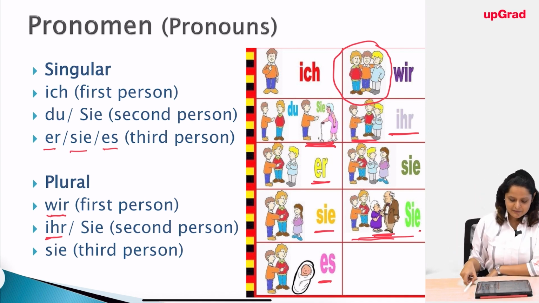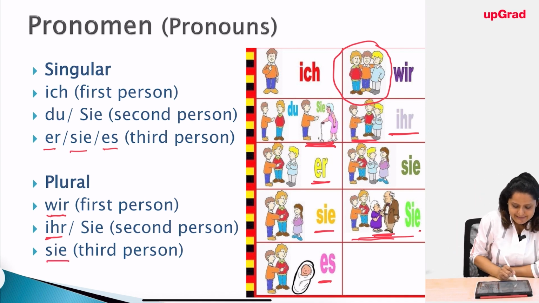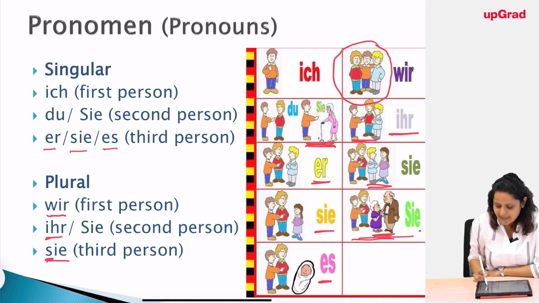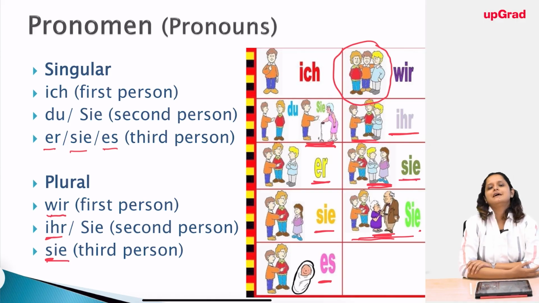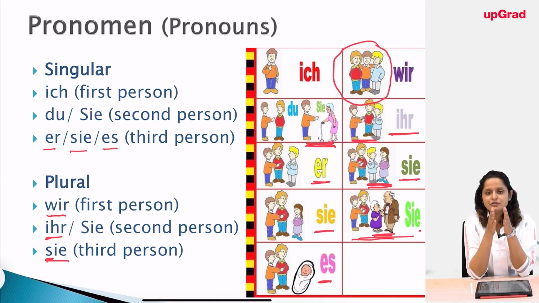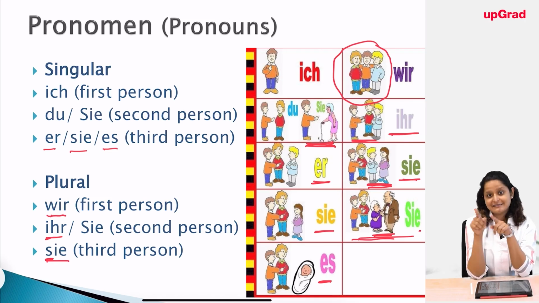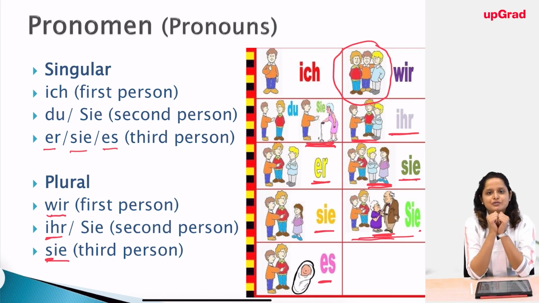So my third person plural is also ze with the S small. The difference here is I am referring to more than one person at a time indirectly. So how to identify the difference between a ze feminine and a ze plural becomes the question.